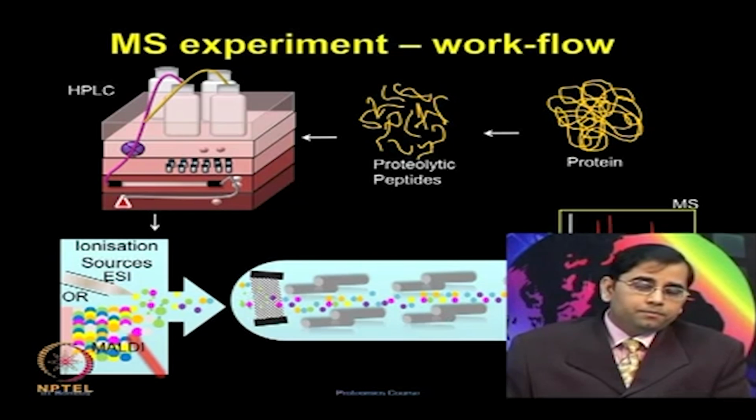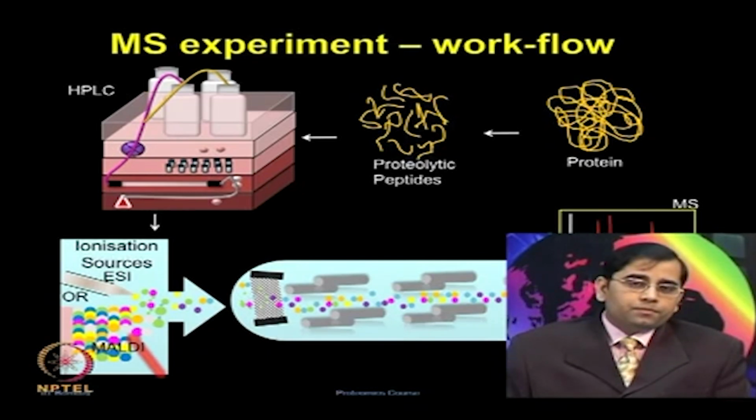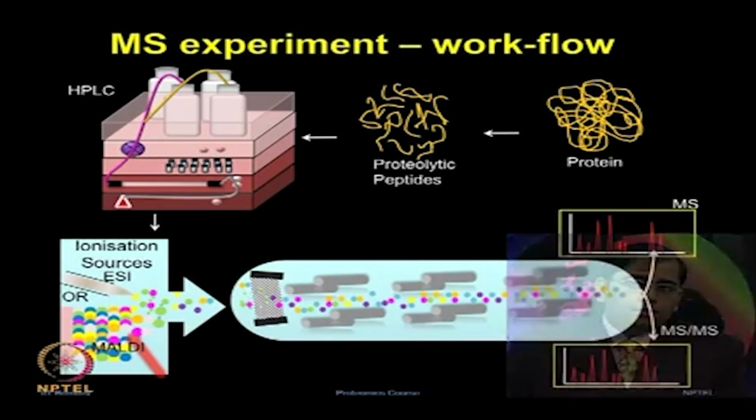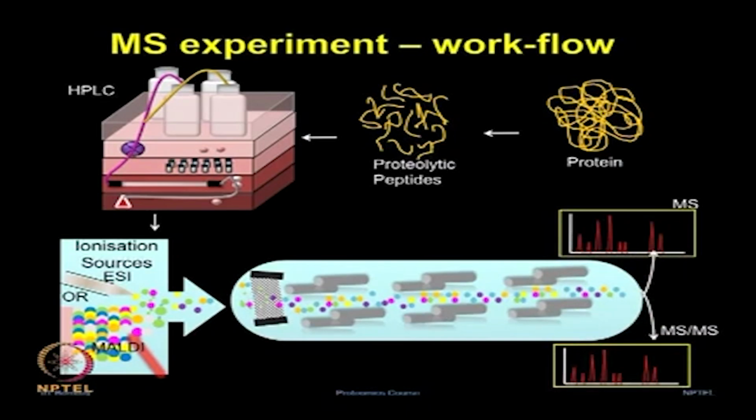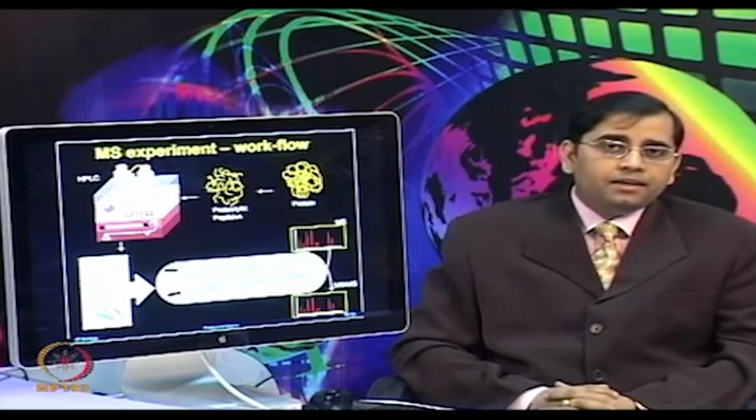After pre-fractionation, in-gel digestion or proteolytic cleavage can be performed by using various enzymes such as trypsin, and then the sample can be injected into the ionization source, whether it is ESI or MALDI, most commonly used for proteomics, as well as other types of ionization sources. These ions can then be resolved in the mass analyzers. Again, there are various types of mass analyzers, and then data can be analyzed in MS or MS-MS mode.